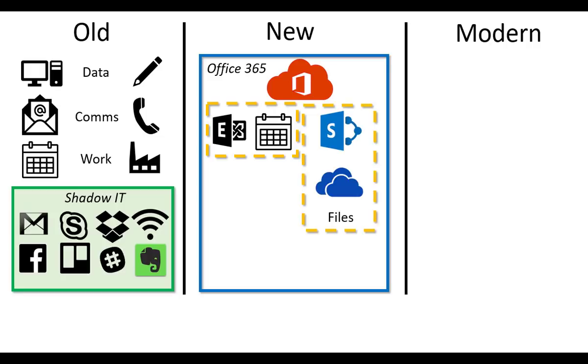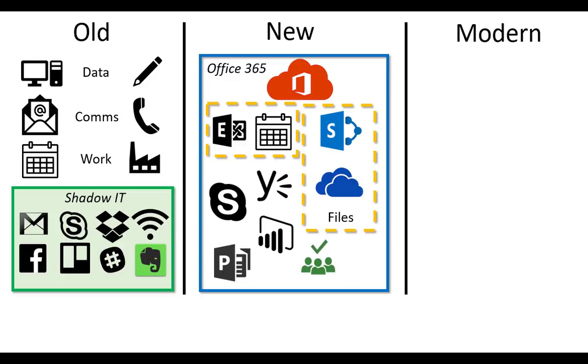Likewise, the location for files in Office 365 is SharePoint team sites and OneDrive for Business: OneDrive for Business for personal files and a team site for shared files. Also in Office 365, we get Skype for Business, Yammer for enterprise collaboration, Power BI, Planner, and so on. But there's still an issue here.